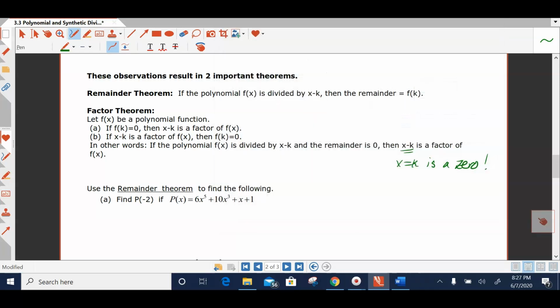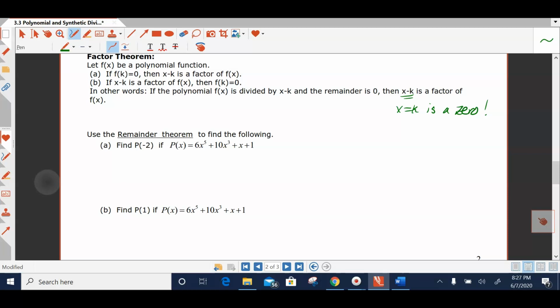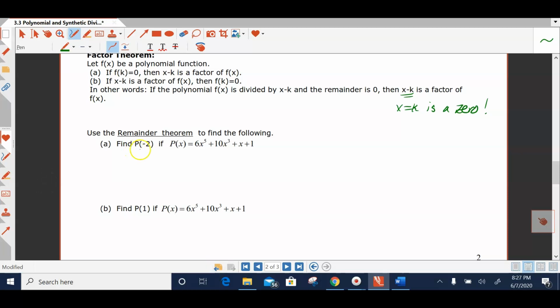Okay, lost that too. Now let's use the remainder theorem, and we want to use it to find a function value. So I want to find p of -2 for this polynomial function p of x. Now, prior to chapter 3, we would just plug in a -2 everywhere we have an x. But let's try the remainder theorem.